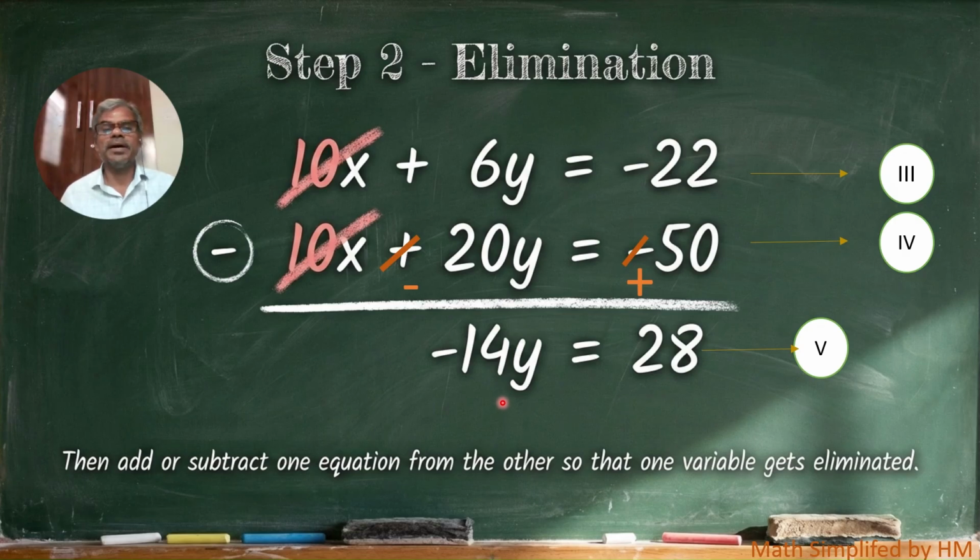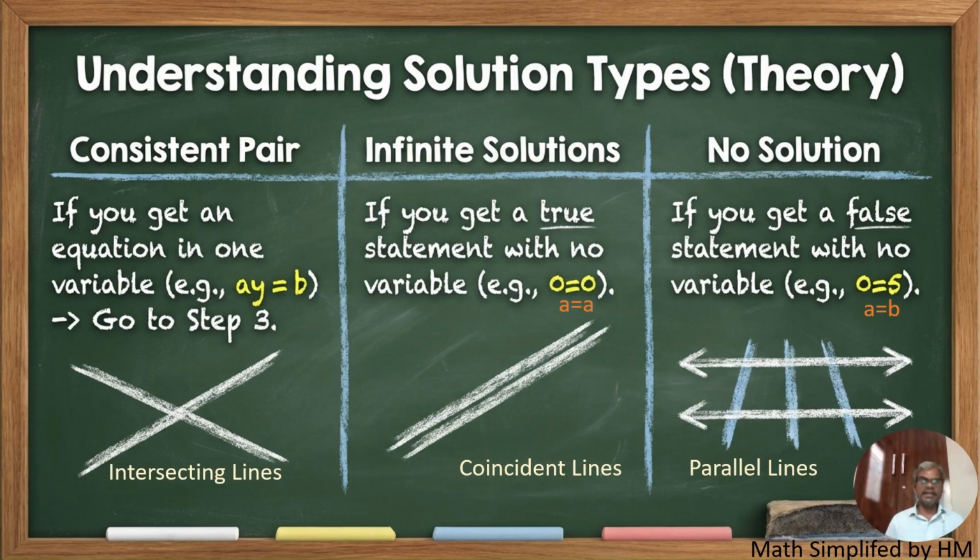Thus, we get a new equation in a single variable, minus 14y is equal to 28. Name it as 5.